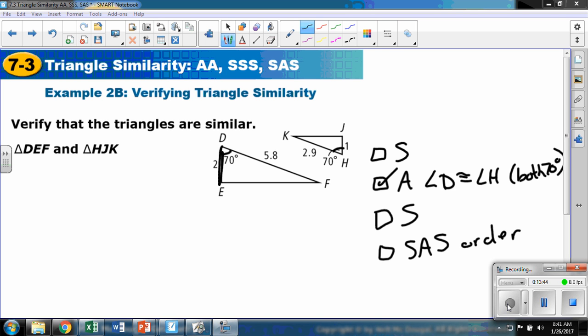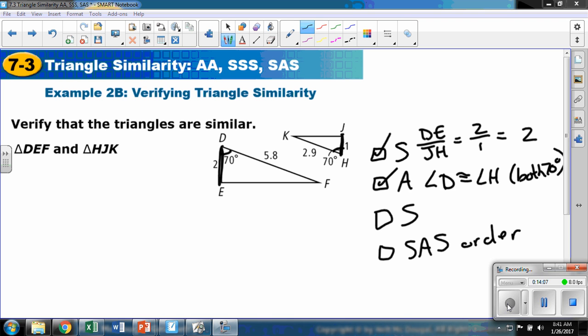DE would match up with JH. So DE and JH create a ratio of 2 to 1, which is just 2. As long as our next scale factor matches that scale factor of 2 that we just calculated.